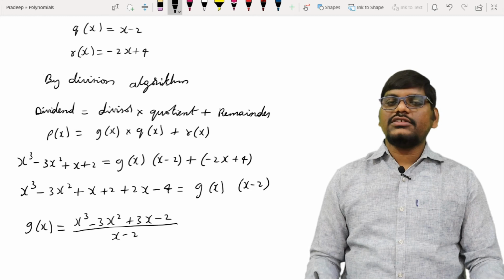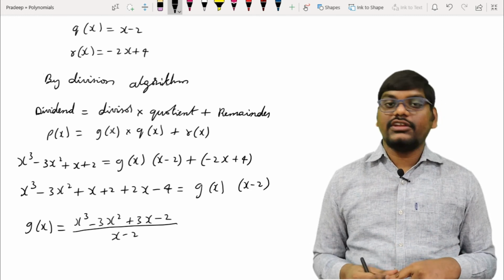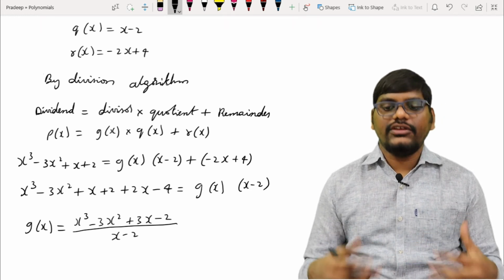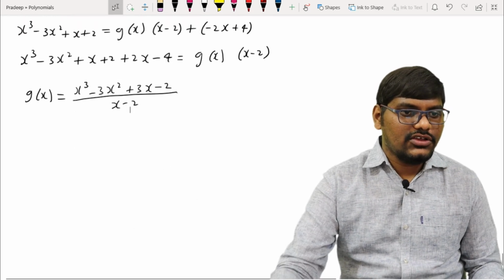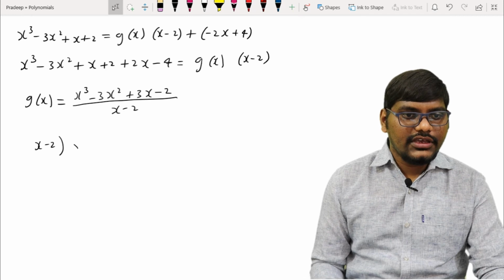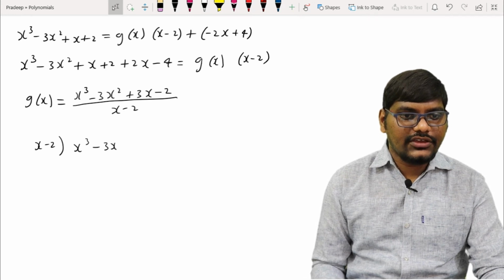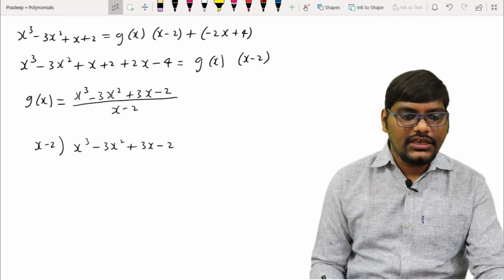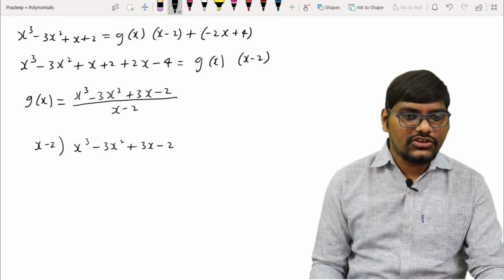Okay, so we'll just divide these things by using the division algorithm form, and let's see what we get. Okay, so let's do that. x minus 2, x power 3 minus 3x square plus 3x minus 2. Okay, so this is what we are taking, let's solve it.